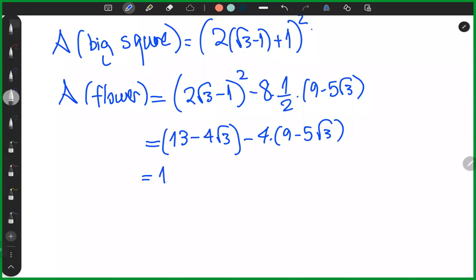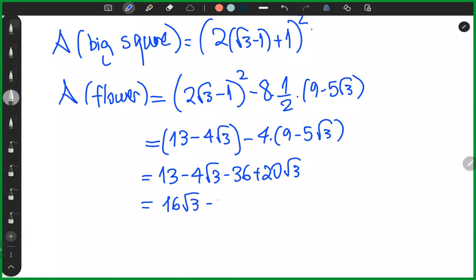And this is 13 - 4√3 - 36 + 20√3. And this is 16√3 minus 23. And this is M, this is N, and this is P. So P is negative 23.